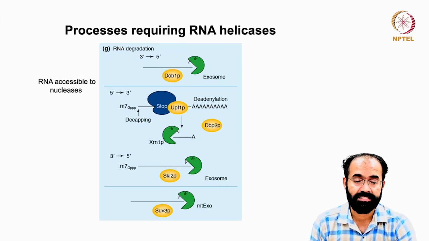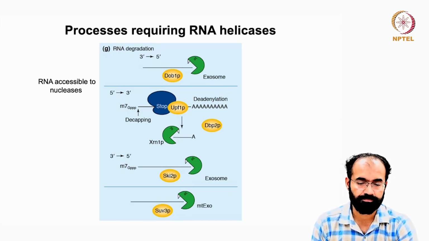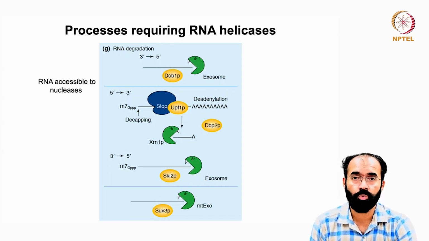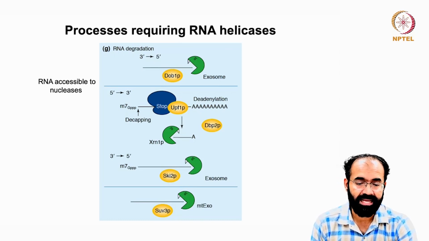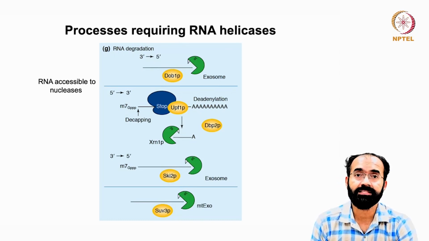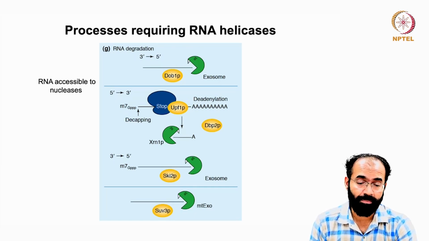And of course, just like decapping, deadenylation is another step that has to happen, and it is governed by DBP2P, another helicase. And there is another exonuclease, just like the exosome which starts from the 3' end. There is another exonuclease which works from the 5' end, that is XRN1P, and this mainly functions if the decapping has taken place effectively.